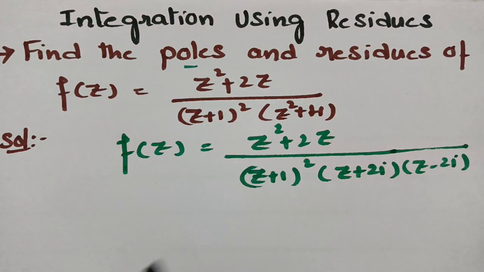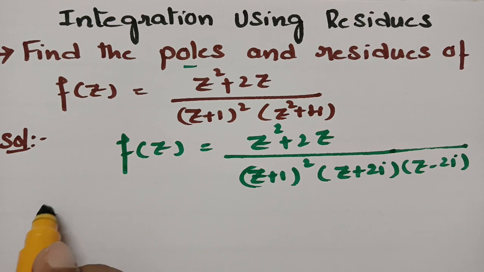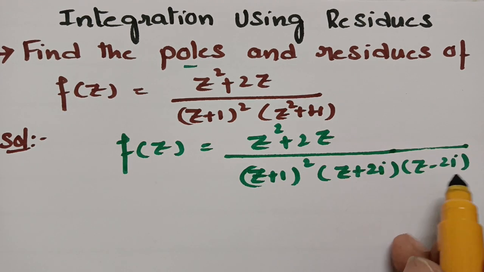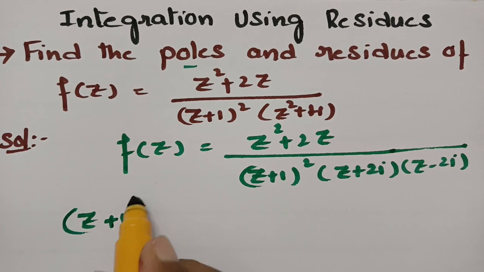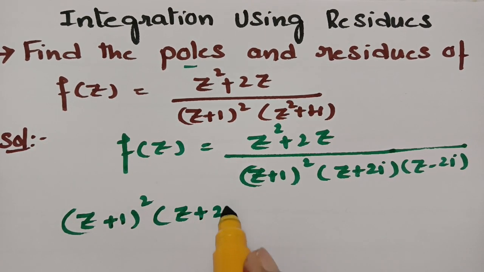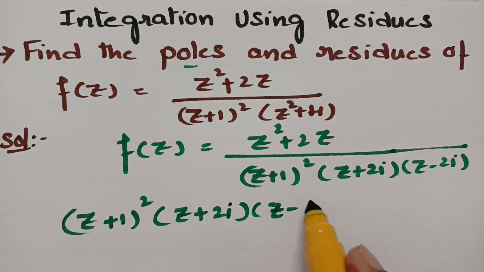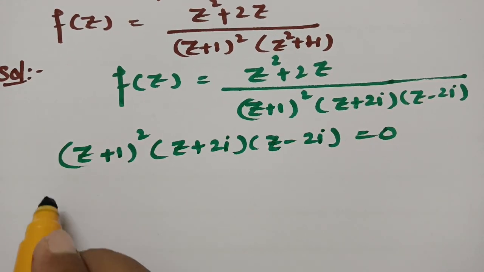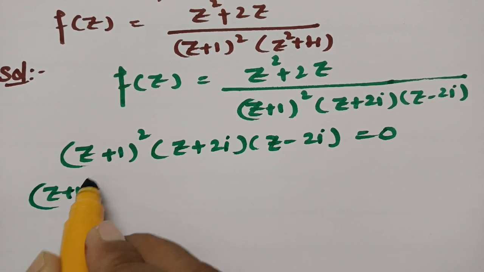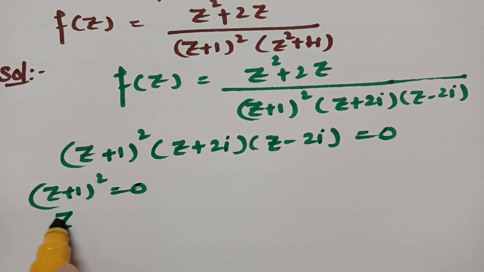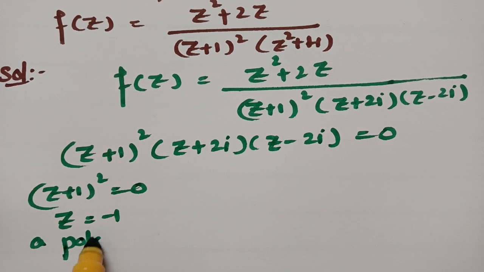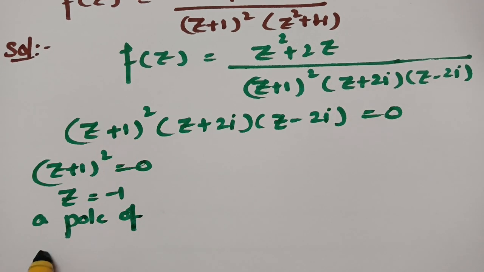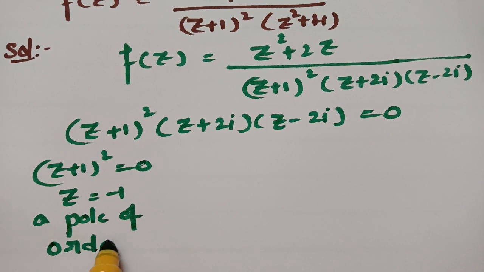In order to find the poles, we have to equate the denominator to 0. The denominator is (z + 1)² (z + 2i)(z − 2i) = 0. If I equate (z + 1)² to 0, clearly z = −1 is a pole of order 2, since the factor repeats two times.